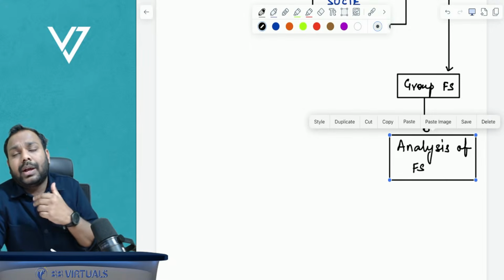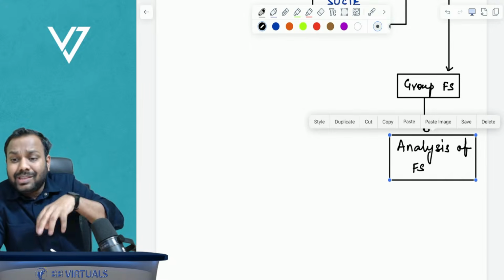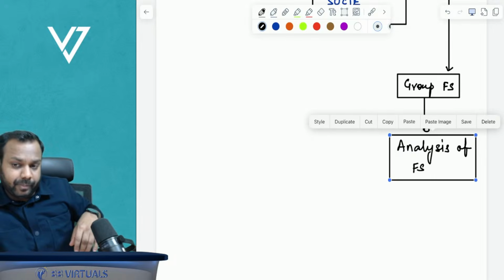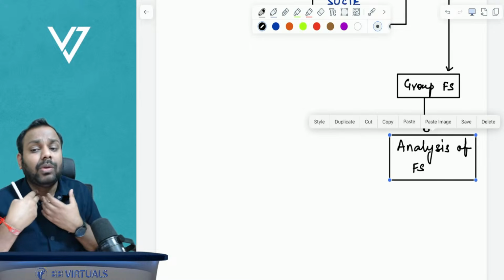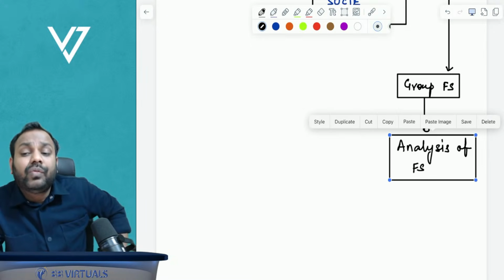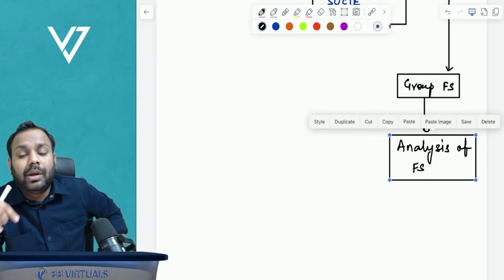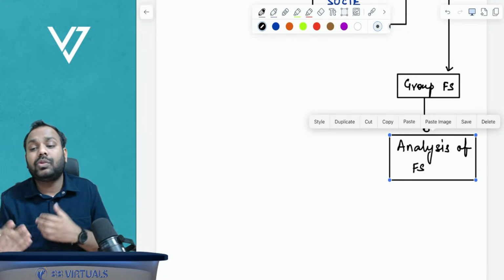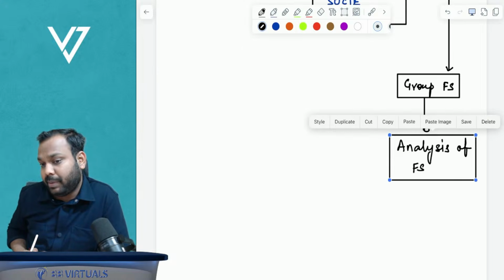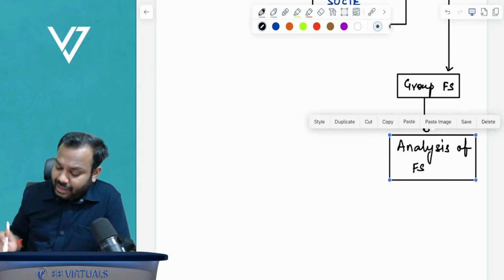Comparing how this company performed versus how my competitors performed, and versus how the sector in which this company operates performed. All those are called analysis of the financial statements.